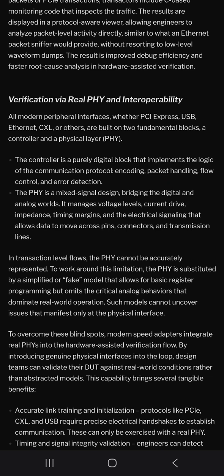To overcome these blind spots, modern speed adapters integrate real PHYs into the hardware-assisted verification flow. By introducing the genuine physical interface into the loop, design teams can validate their design against real-world conditions rather than abstracted models. This capability brings several tangible benefits.